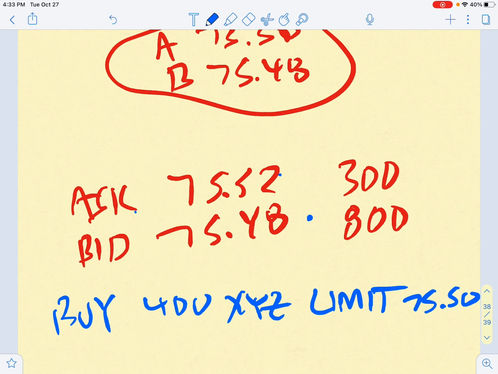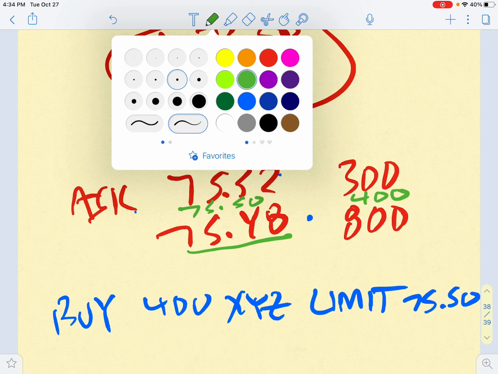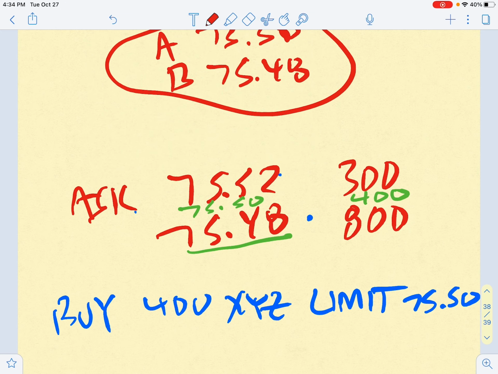Okay? So what I have to do now is I have to recognize that, and I have to put a 75.50 in there. Put its size beside it, 400, and recognize that this 75.48 is no longer the bid. So I have to erase that. And rather, the bid is now 75.50.